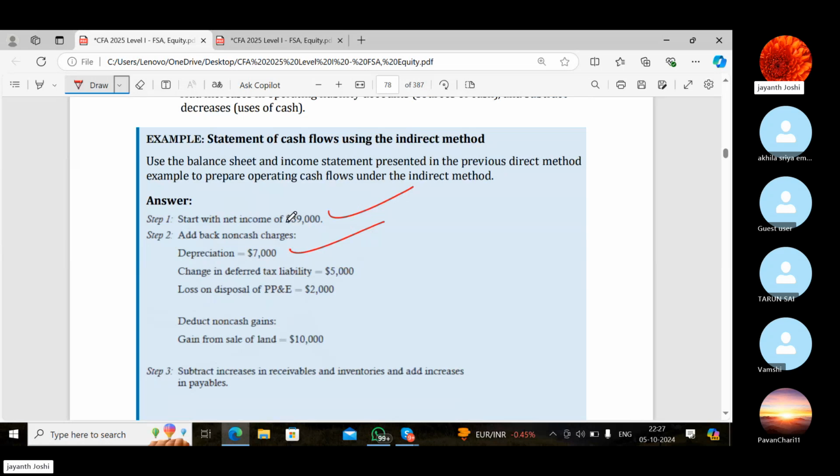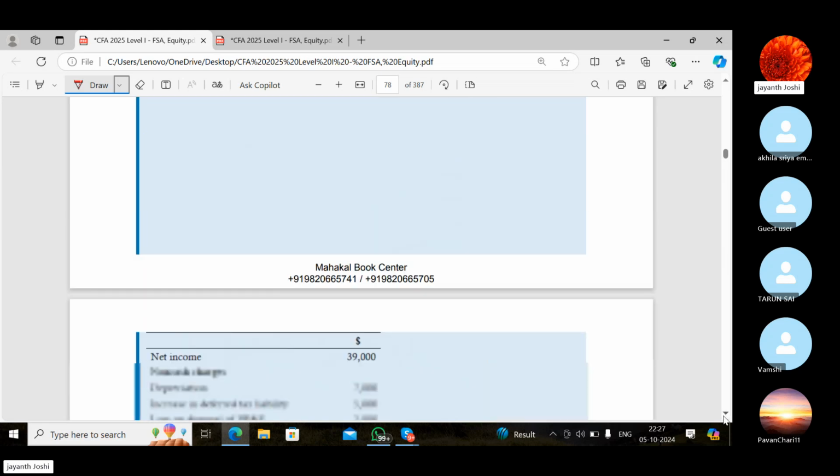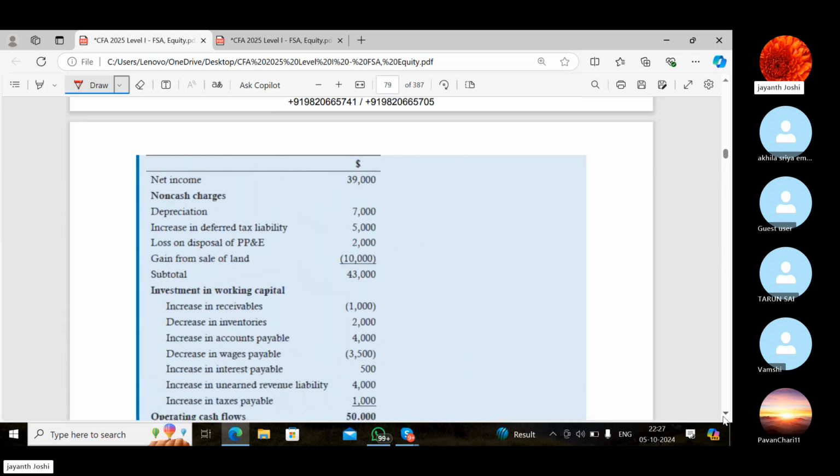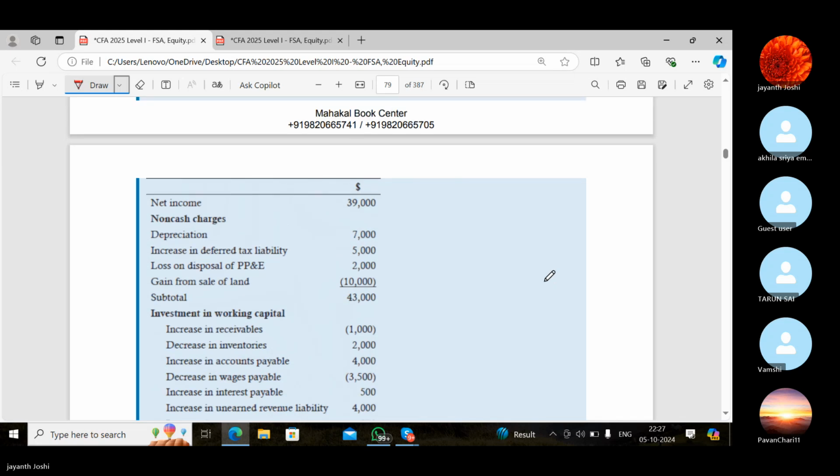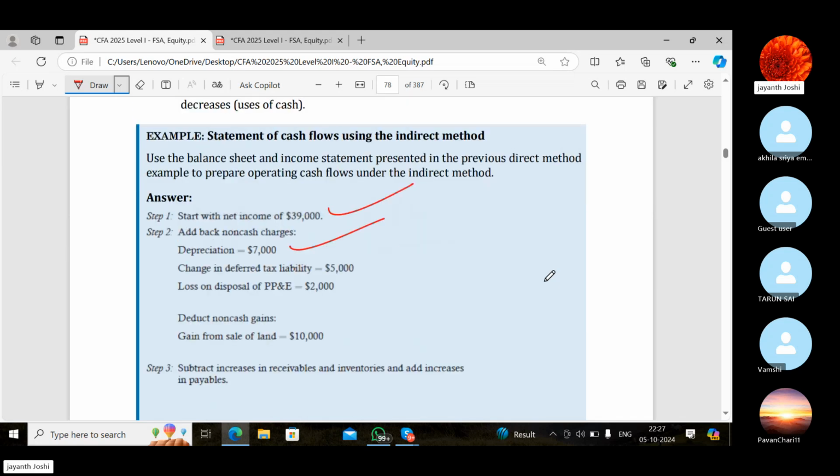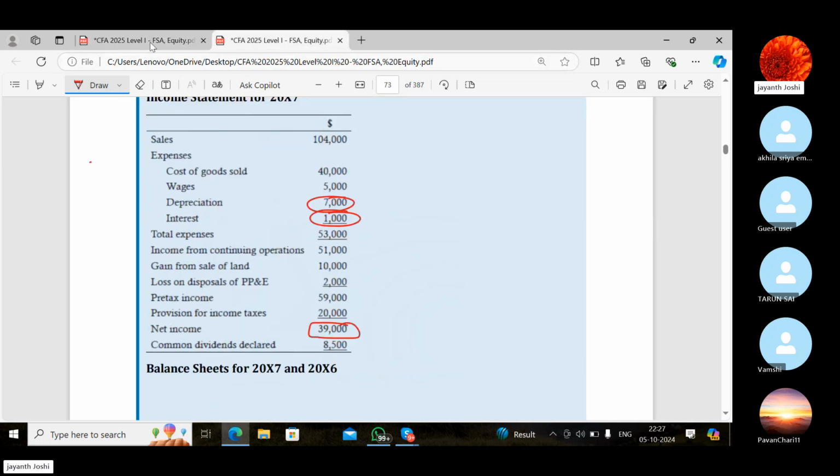Depreciation, they are making this as per US GAAP, I think. Okay, we will add it, don't worry. We'll add interest expense 1000 here.